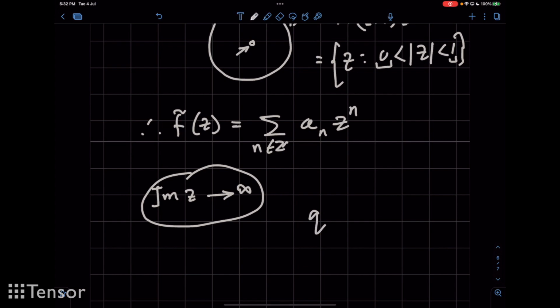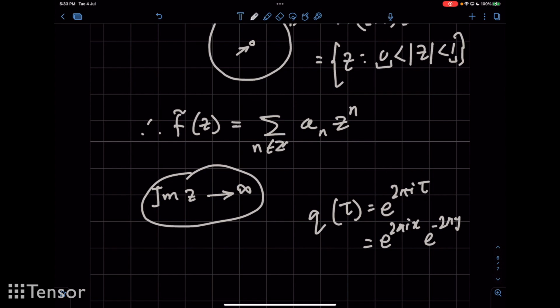what was our definition of q? So q of tau was e^(2 pi i tau), right? And if I write tau as x plus iy, this is e^(2 pi i x) times e^(-2 pi y), right?